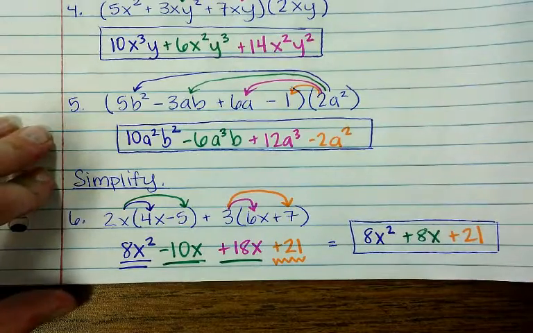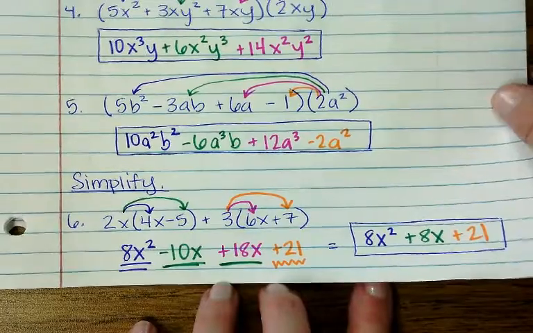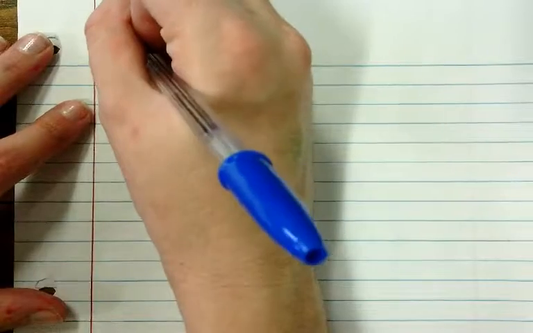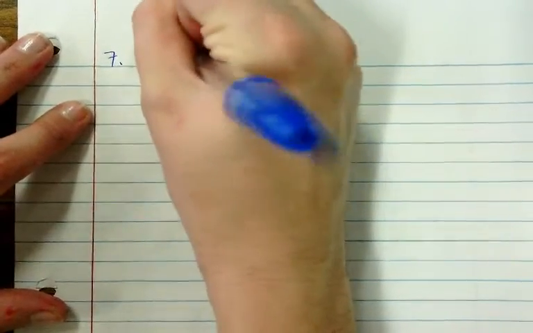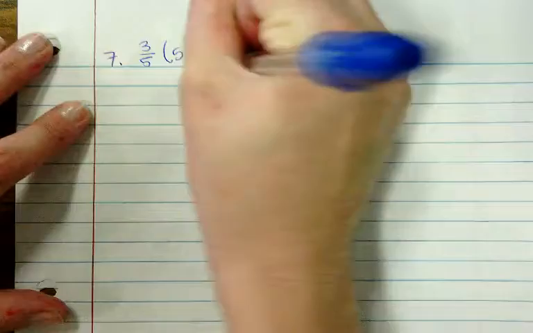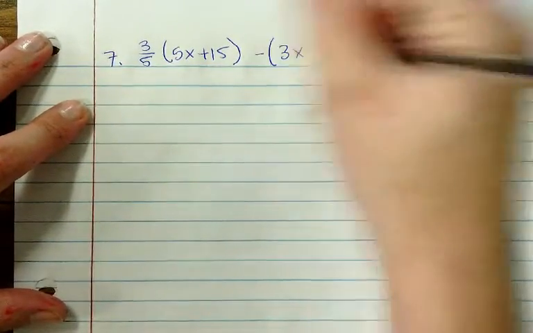Pretty good? Awesome. Can I move on, or does anyone else still need this up here? All right, so here we go. We're going to do these next 2 examples. I want you guys to simplify these following problems all on your own. So we have 3/5 times 5x plus 15 minus 3x, parentheses, 3x minus 6.